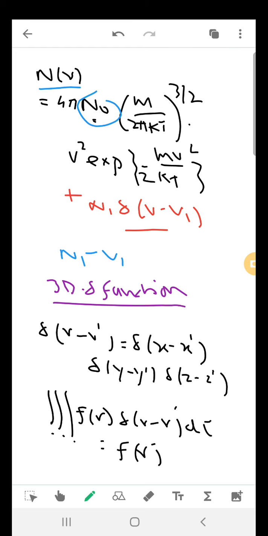This is the way we can write, and of course this d tau is equal to dx dy dz. So this is all about the delta function.